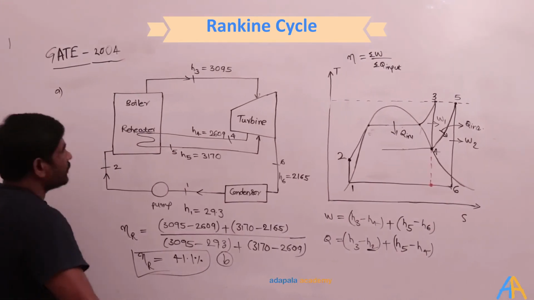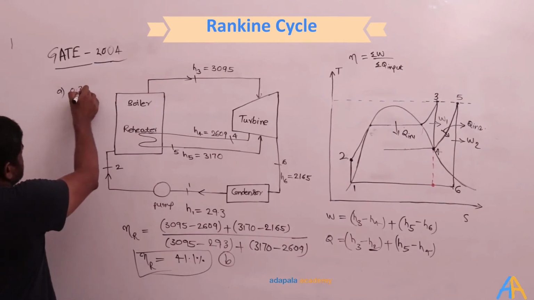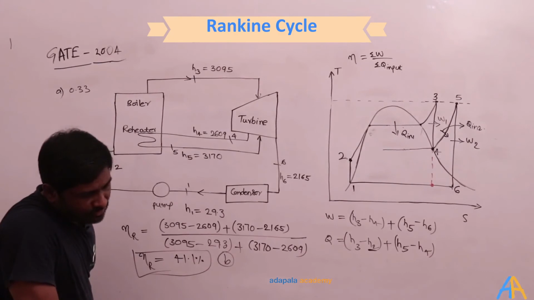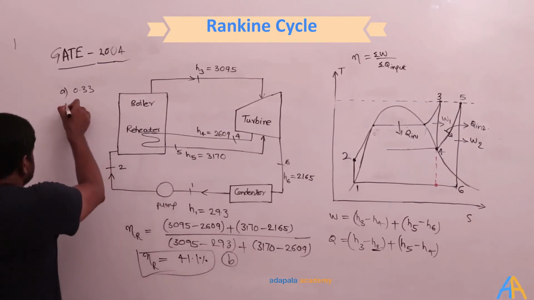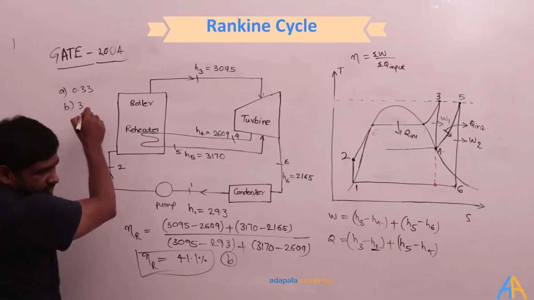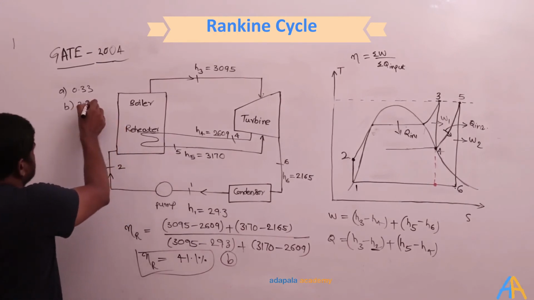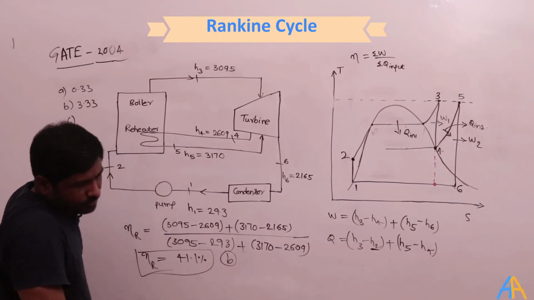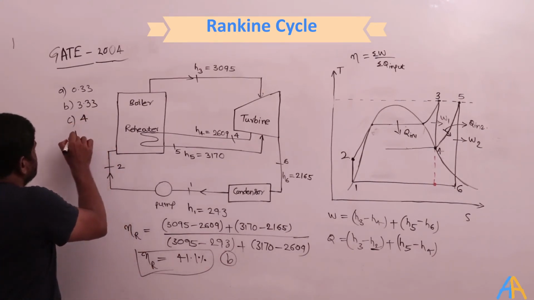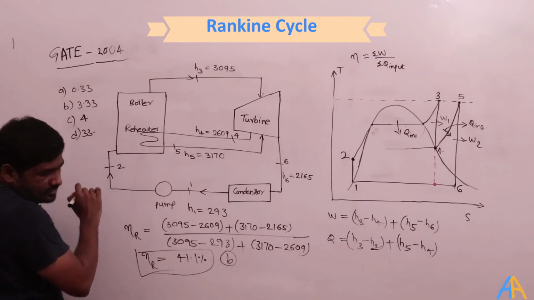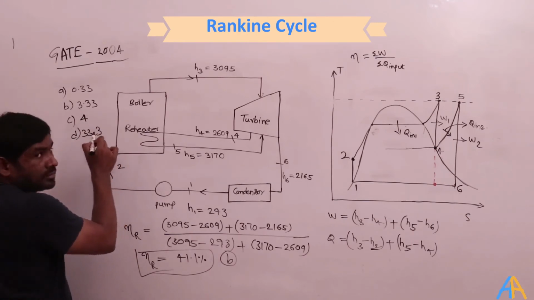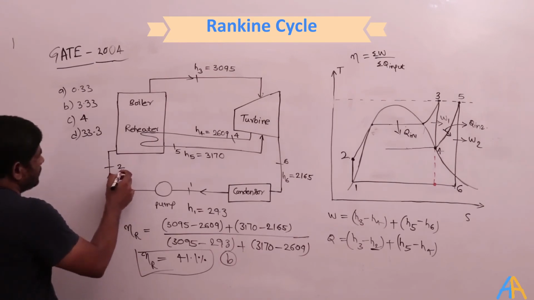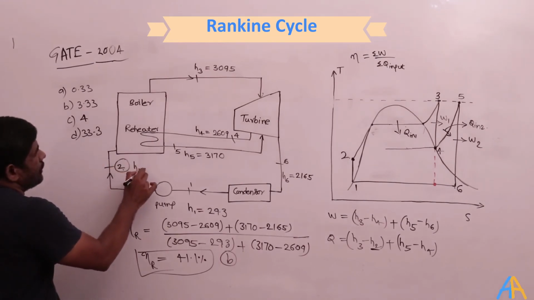A is 0.33, B is 3.33, C is 4, and D is 33.3. The units are the same, kilojoule per kg, so no need to worry. Here they are asking what is H2.